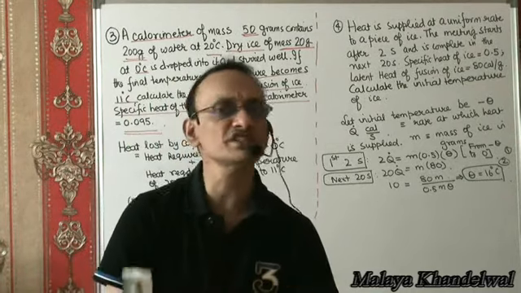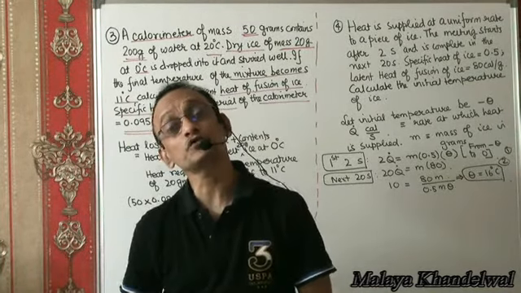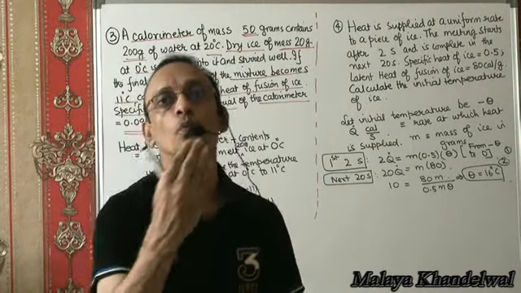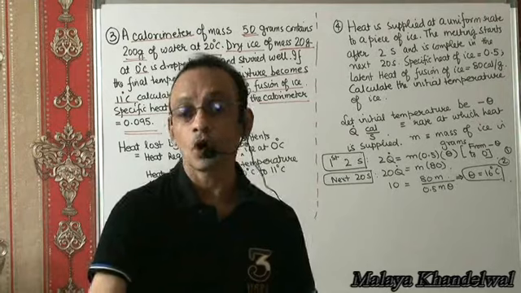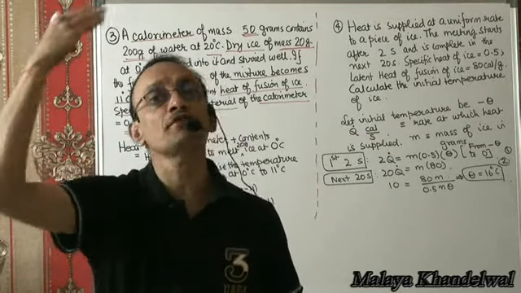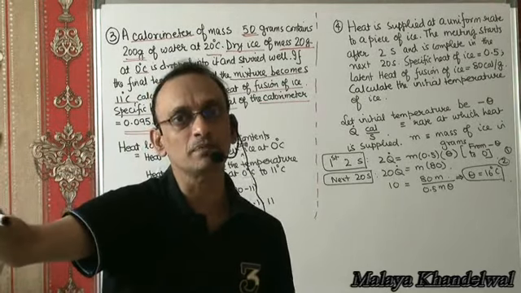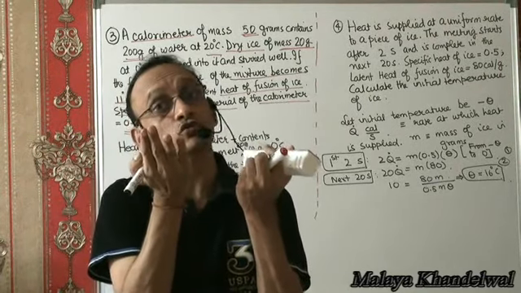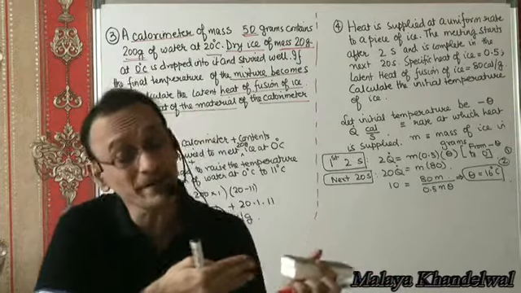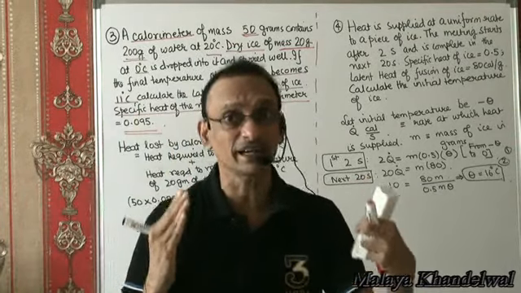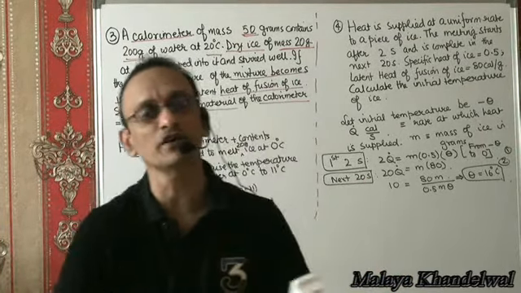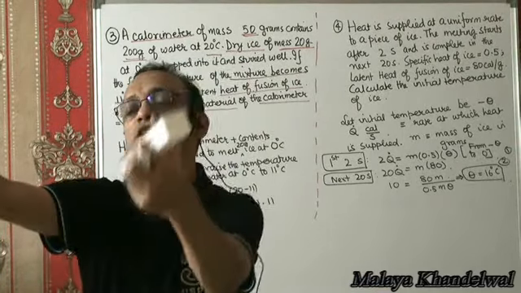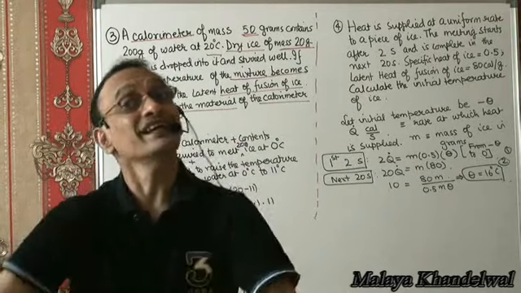Initially, the ice which is at 0 degrees centigrade would use that heat to melt ice to water. Only after the whole process of melting ice to water is accomplished will there be an increase in temperature. So that would be latent heat, and then that would be sensible heat. So initially latent heat is provided to ice to convert it into water, and then that water at 0 degrees centigrade would convert into water at 11 degrees centigrade.